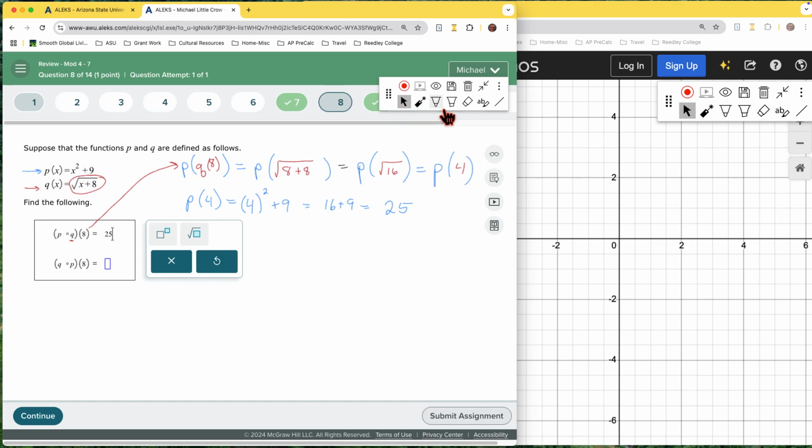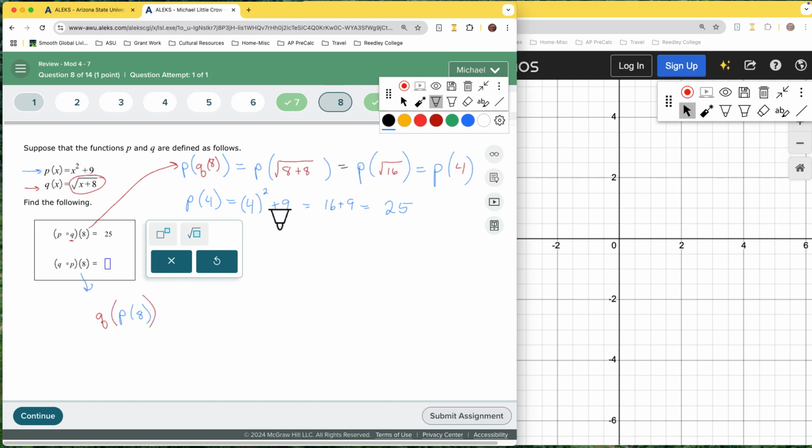We're going to do a similar thing, but we're going to work with the next one, which is q of p of 8. So p, which is the blue function, is now inside. I'll do that down here. So we have p of 8 getting plugged into the q function.